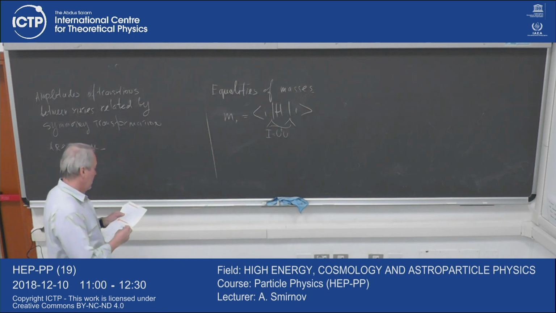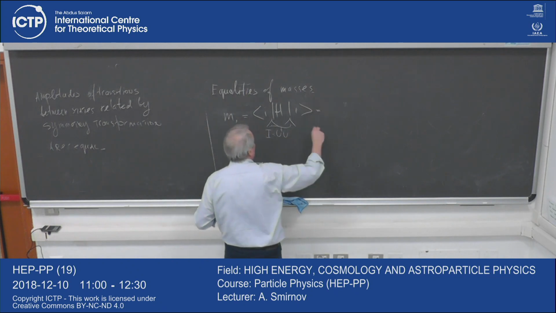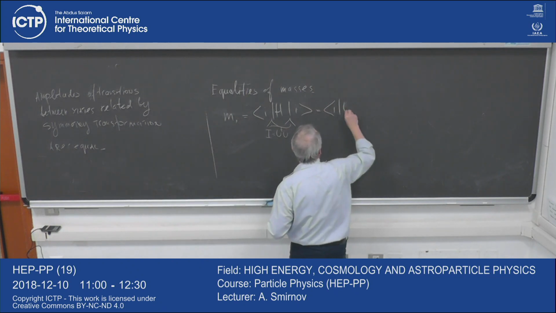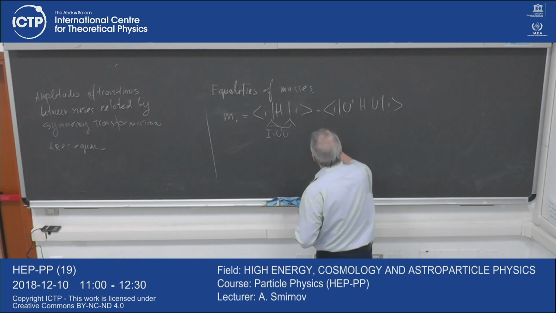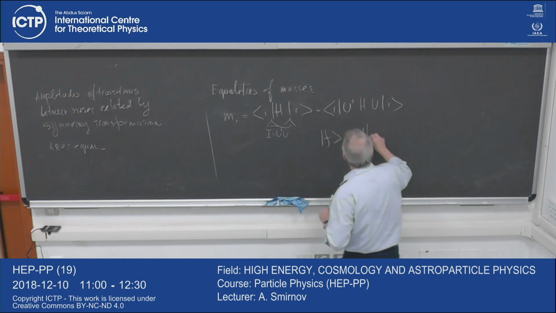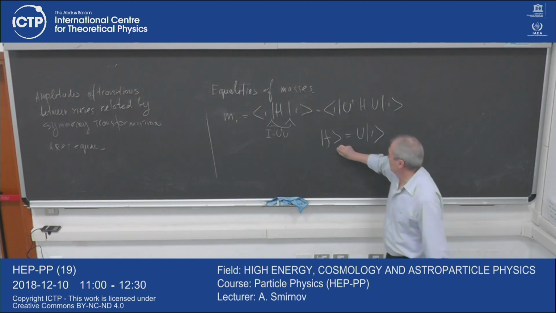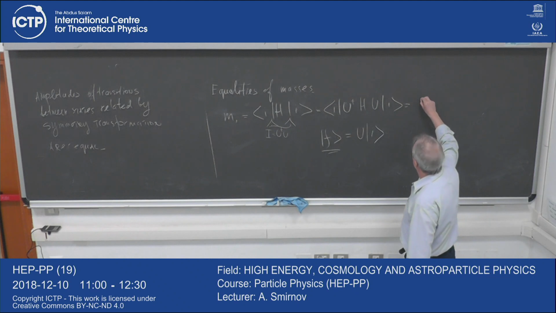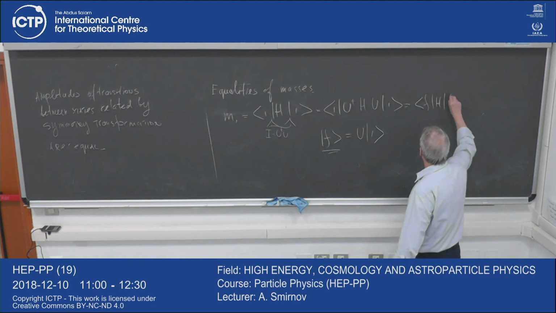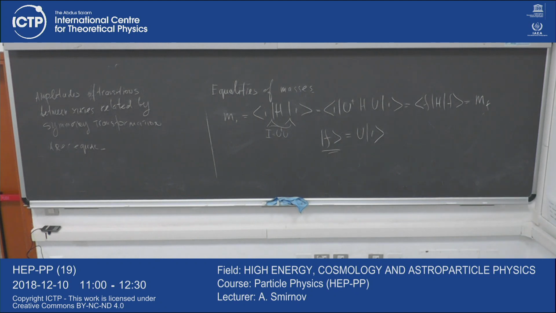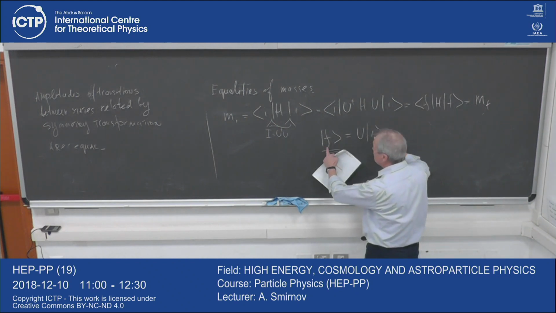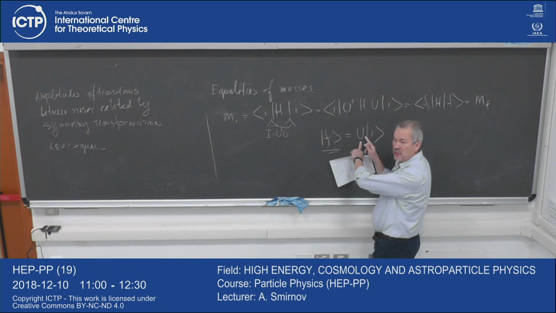And if Hamiltonian is invariant, so what we will get is the following: I, U, H, U dagger U, I, and if U acting on the state I gives me the state F, then I will have here F, I, H, F, and this is the mass of state F. So, the conclusion is that all the states which are connected by symmetry transformation have the same mass.